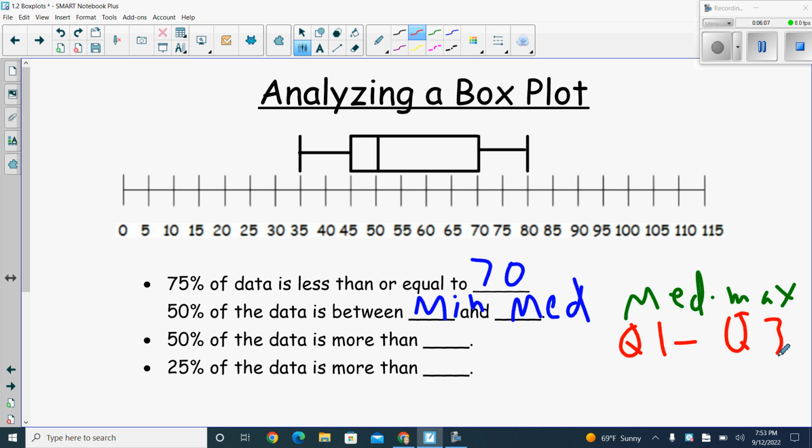Remember that. 50% of the data is more than the median. That's the only answer possible there. Don't chop it off. And then 25% of the data is more than Q3. Remember, 3/4 of it would be in this area, and then an extra 1/4 up here.